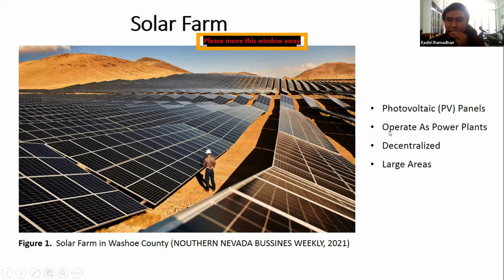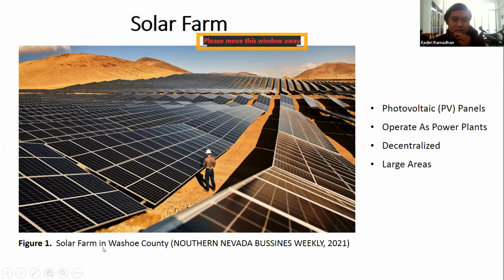They operate as power plants, just like a natural gas power plant or other source of energy generation that have generated electricity for consumers for the last century. They are decentralized and usually consist of ground-mounted solar panels installed across a larger area.